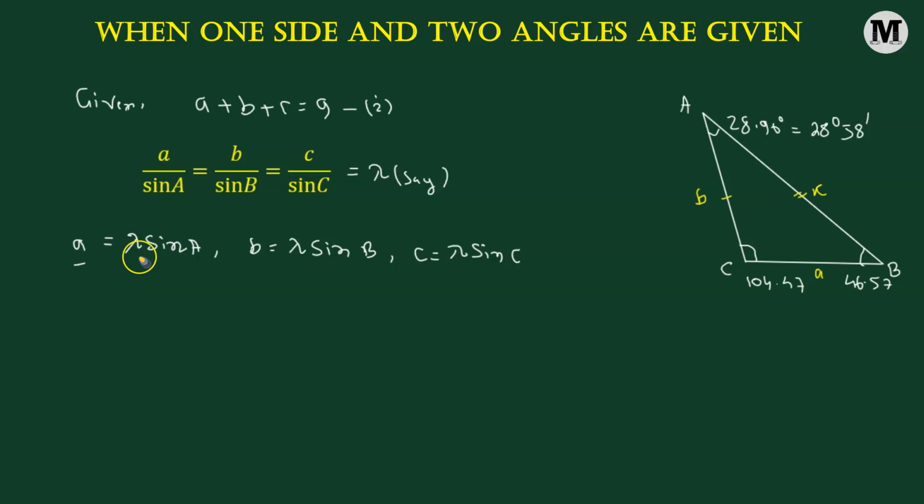So here we have obtained the sides a, b and c of the triangle in terms of lambda.